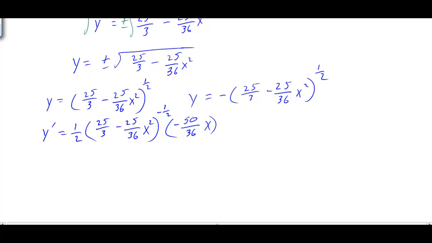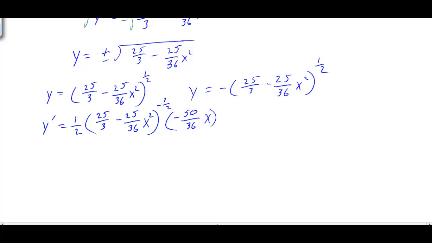Okay, and then I can multiply the 1/2 and the negative 50 over 36, so that would make this a negative 25 over 36 times x, and then all of this is multiplied by 25 thirds minus 25 over 36 x squared to the negative 1/2.